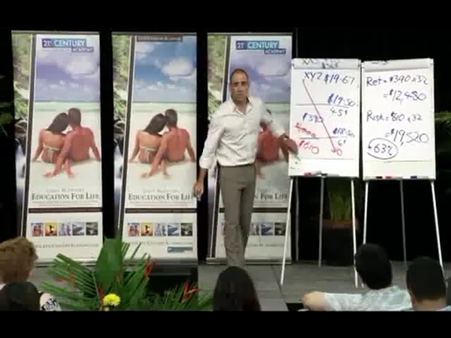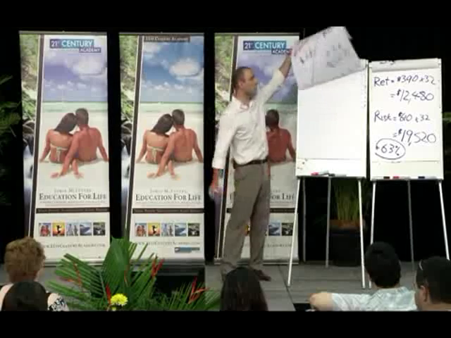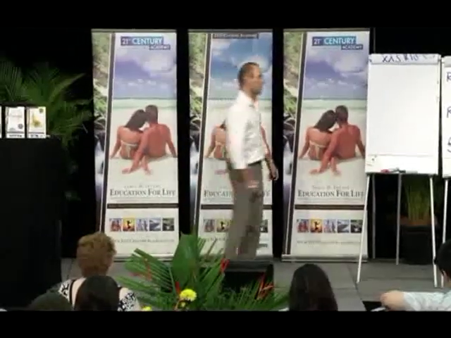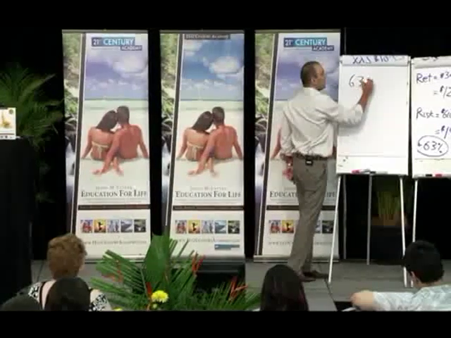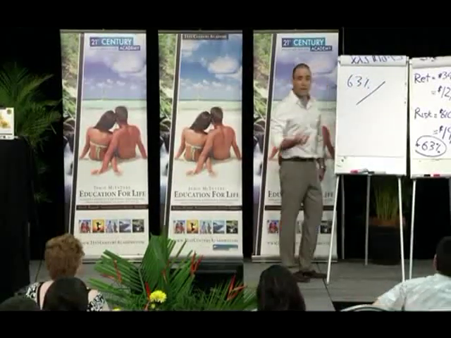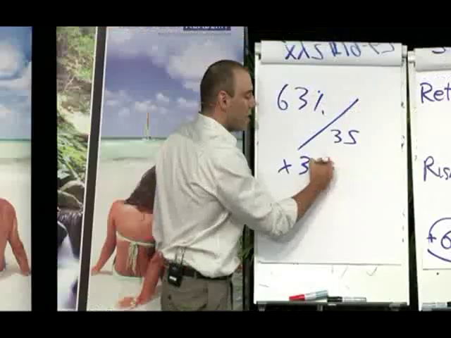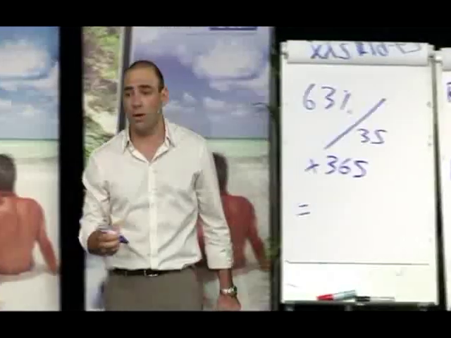Let's annualise that. That sounds pretty good, but what if we did that same trade every 5 weeks for a year? 63% divided by the number of days, 35 days, times by 365 to get a per annum return.